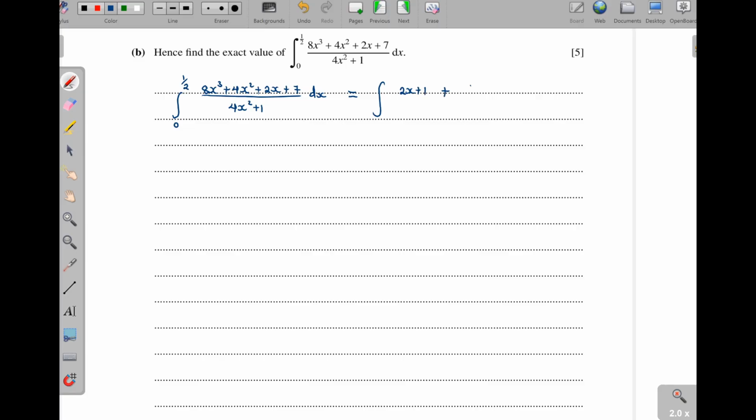Then the remainder was 6, out of this 4x squared plus 1, dx. You see that? So this is what we are integrating here.